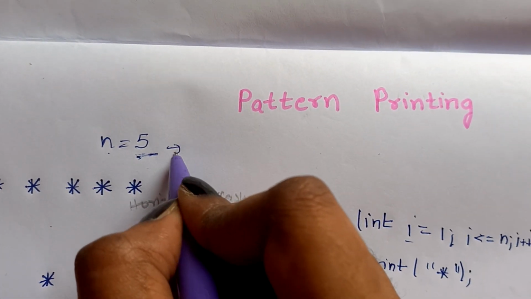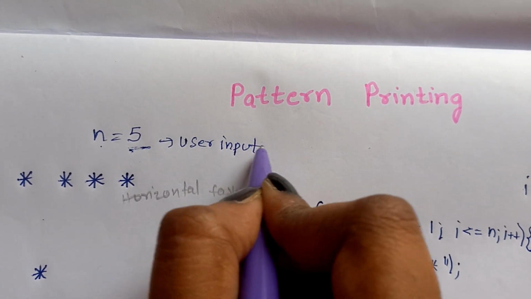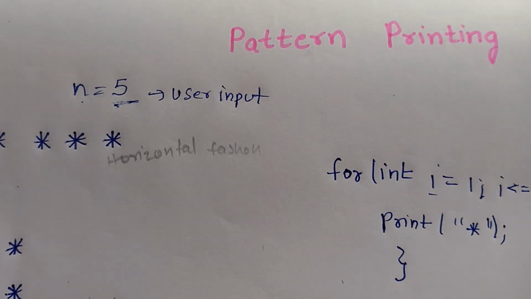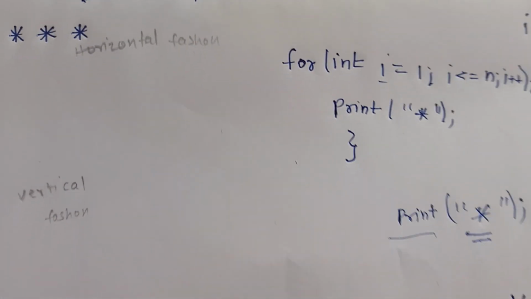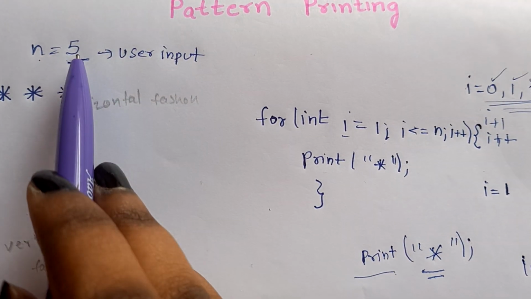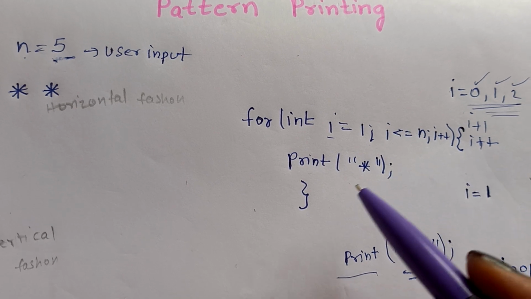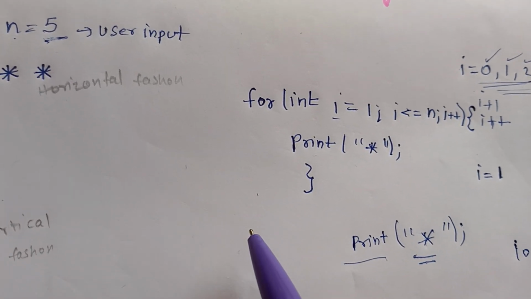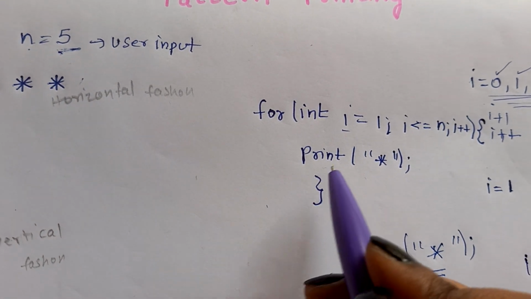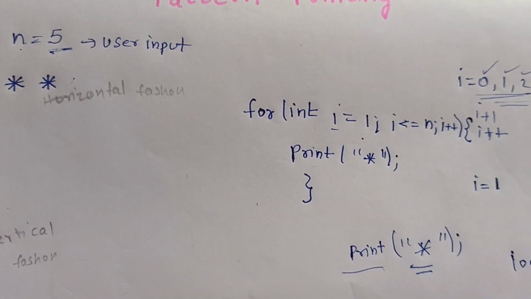If the user wants to give 6 and we start from 0, it will be complicated according to the indexes. So for the safe side, you can take 1, so that it is easy.